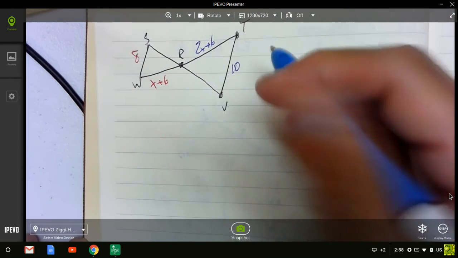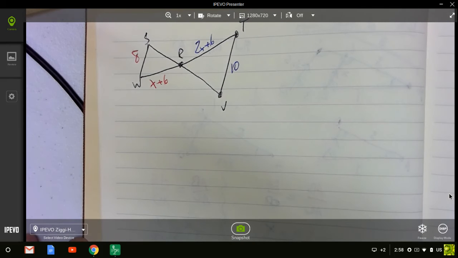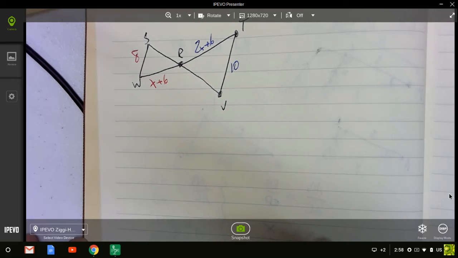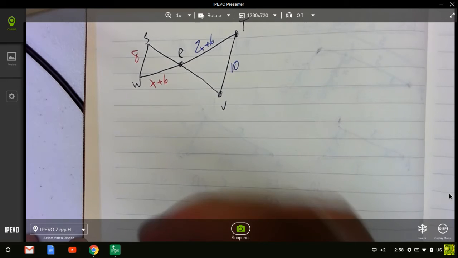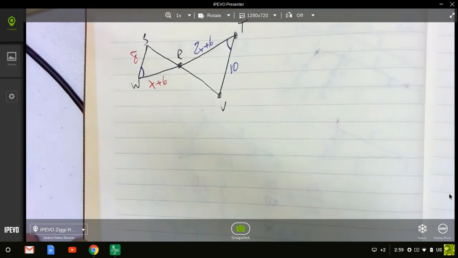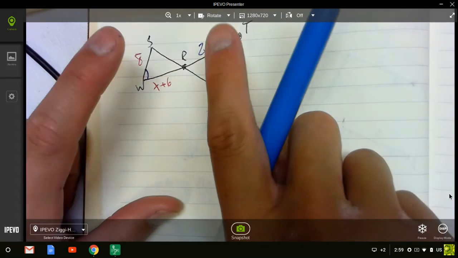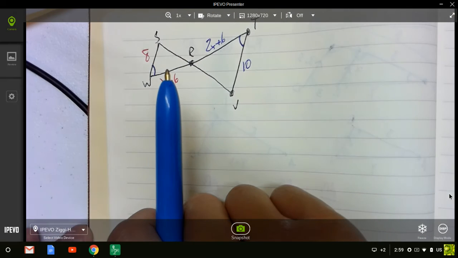So you can see that these two triangles, well, I imply that they're similar, but just to double check, let's see. In this, it's given that these two angles are congruent to each other. What's not given is whether these two triangles are similar. Are they similar?